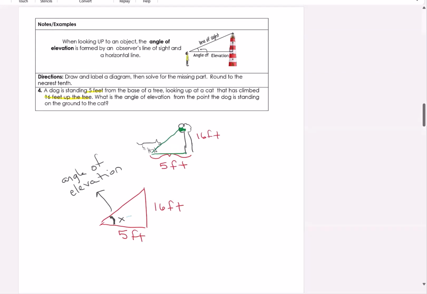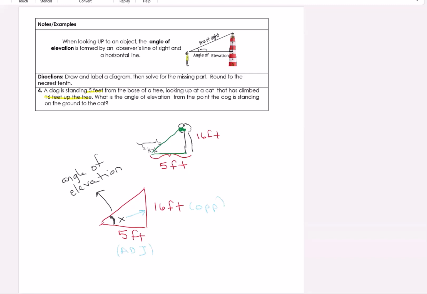I know the opposite over the adjacent. Why is this adjacent? Because it's next to that X value. 16 feet is opposite. I'm looking across. I'm looking out from the angle, and what I see is the tree.